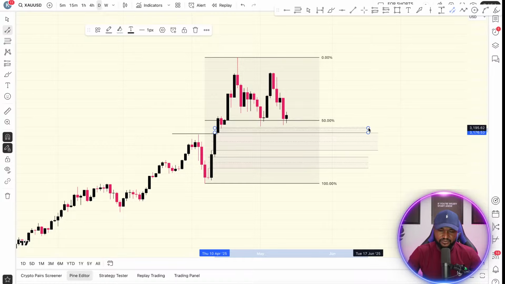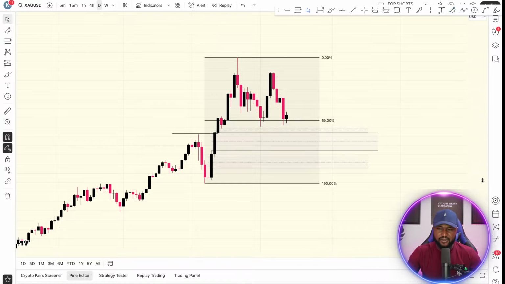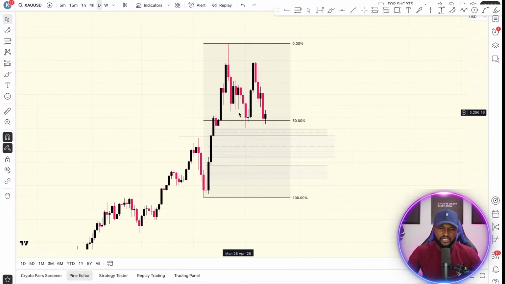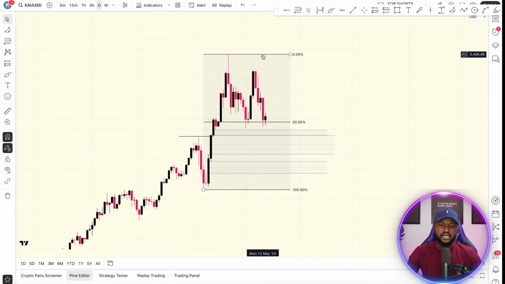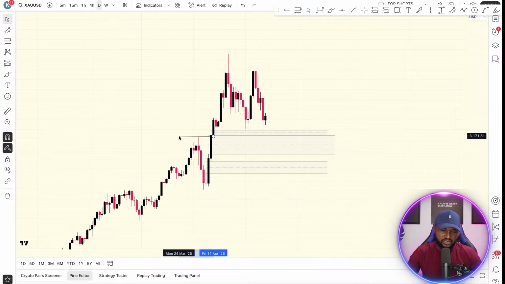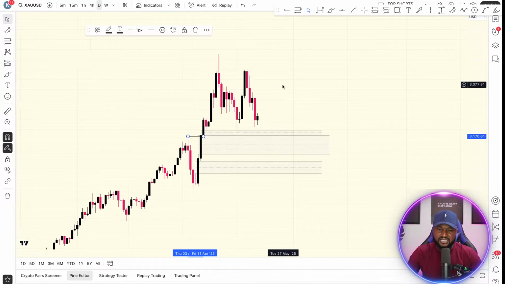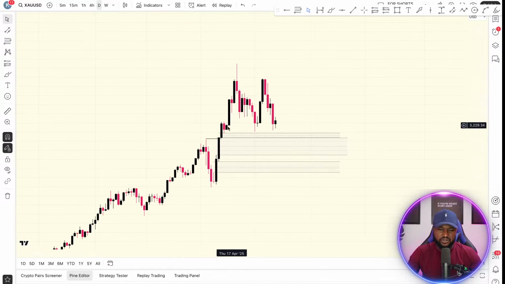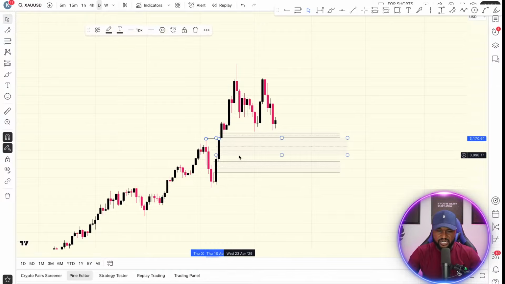Three of them are resting in this location. So, most of the time, you will get confused. Which of these should I be expecting price to trade into? This is where most people get confused. Where should I be expecting price to trade into?